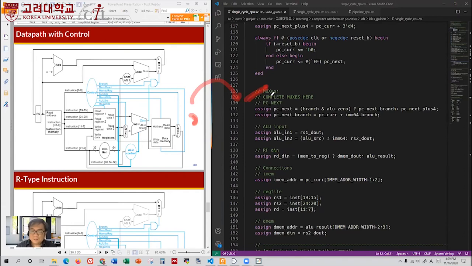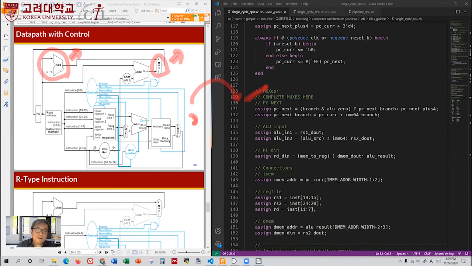As I explained, this block diagram or architecture can be mapped to the SystemVerilog code. If there is a mux here, we can implement the mux in the code.